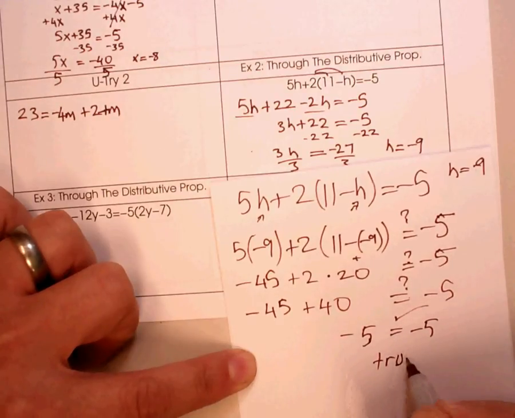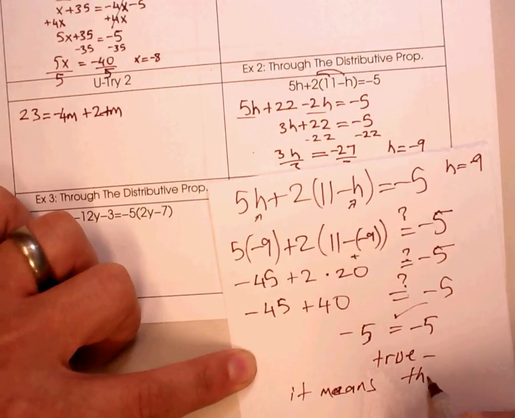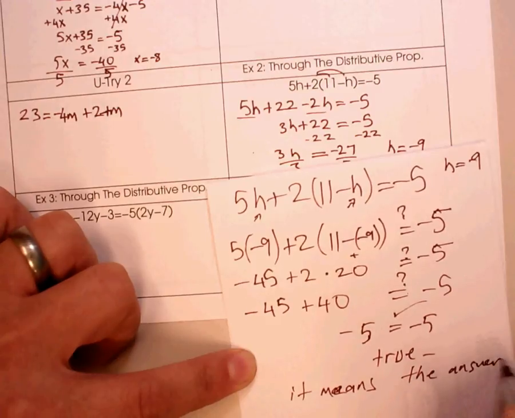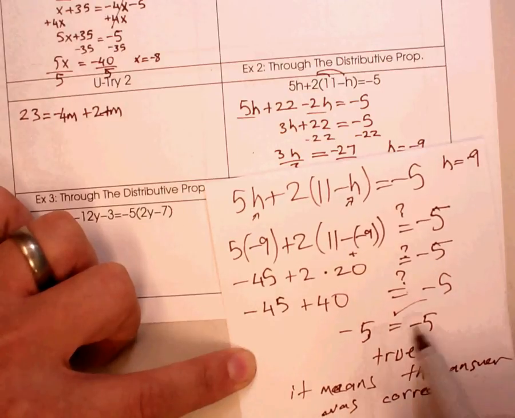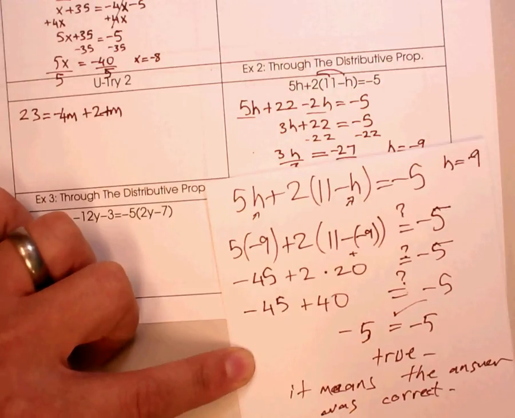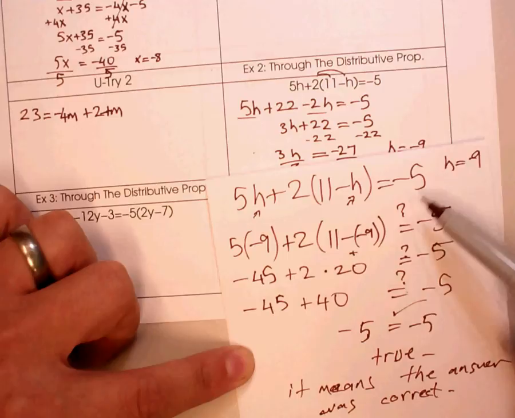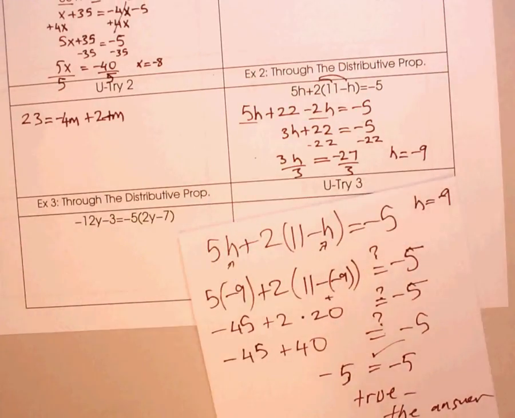Because this is true, it means the answer was correct. If you end up with a solution where you don't have a true result, then it's an indication that there was an error in your solution, so you would go back and check your steps and hopefully find that error in the solution.